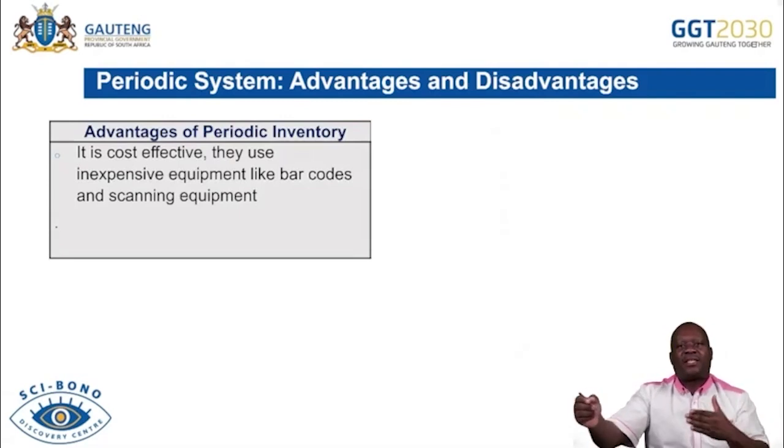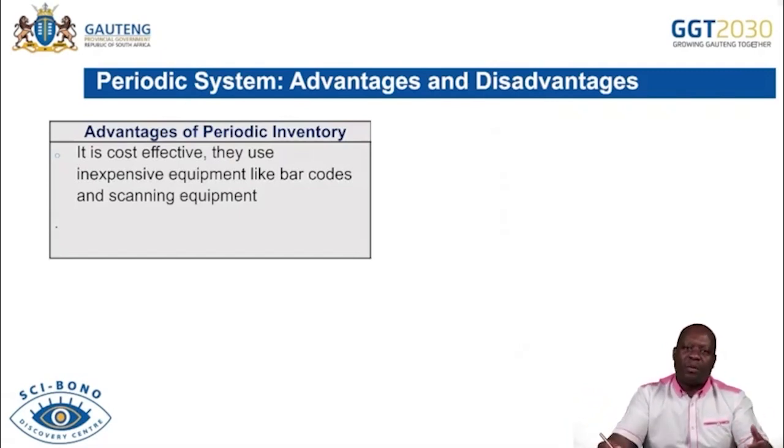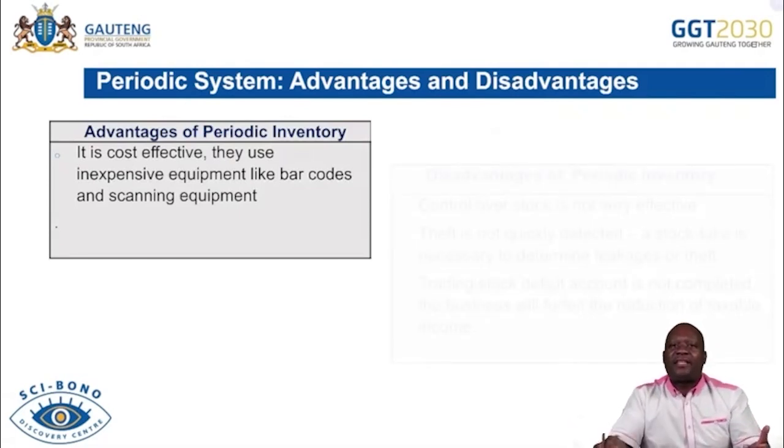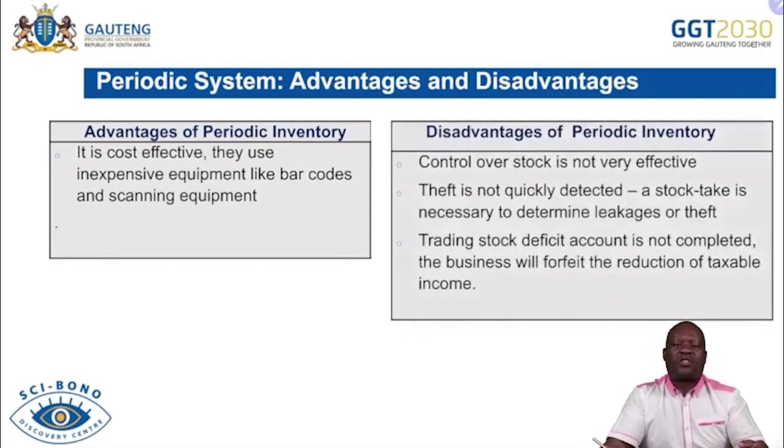We are waiting until the end of the year and we go and physically count. Surprisingly, we might find that there are huge losses or some stolen items and we never detected it during the period because there was no physical stock taking during the period. So control over stock is not very effective.